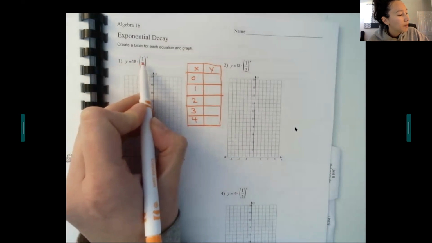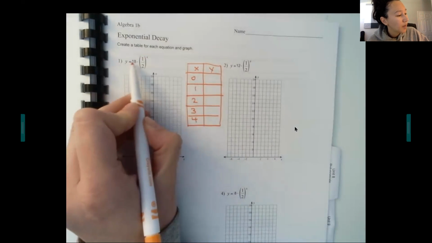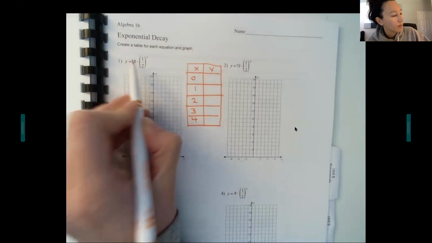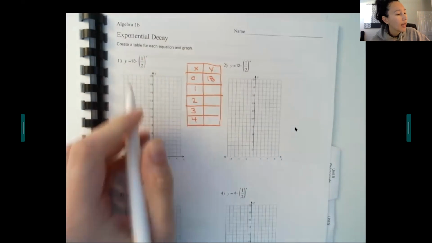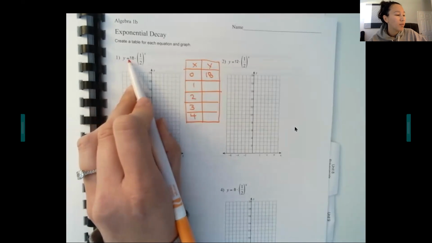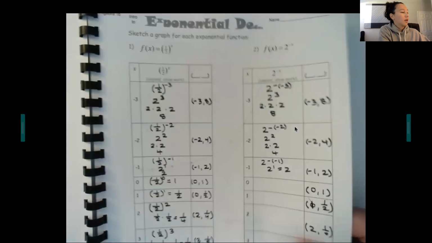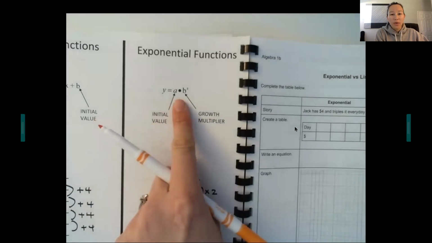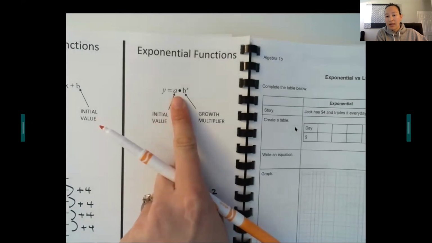So when x is 0, we know that y is 18. That's just our initial value. For all of them, we always know that it's going to be this number because that's always the initial value. Whatever value you're multiplying by, that is the initial value.